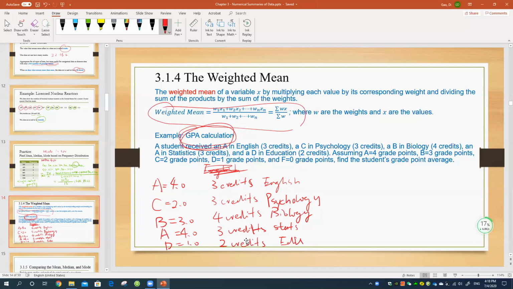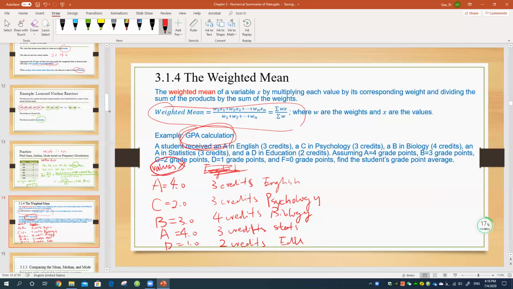Okay, so now based on this transcript, what is the GPA? So the points the student can receive from the letter grade are the values.